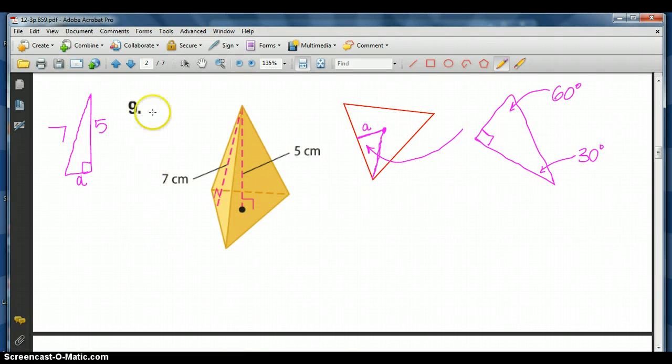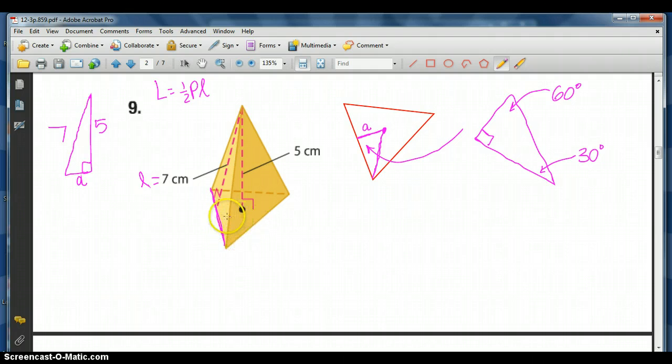Alright, on number 9, our lateral area, which is half of the perimeter times the slant height. So we know our slant height, 7 centimeters. We just need to find the perimeter. So to find the perimeter, since this is a regular triangle or an equilateral triangle, we need to find the length of a side.